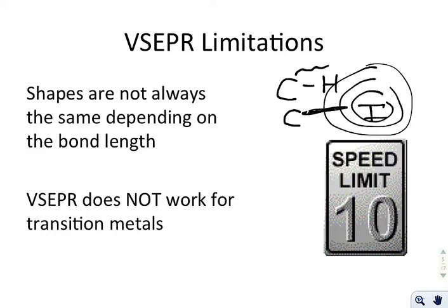Another limitation of VSEPR is that it does not work well for transition metals. Transition metals tend to have d orbitals, which are delocalized, so the electrons are kind of here and kind of not. As a result, it doesn't work particularly well for those transition metals.